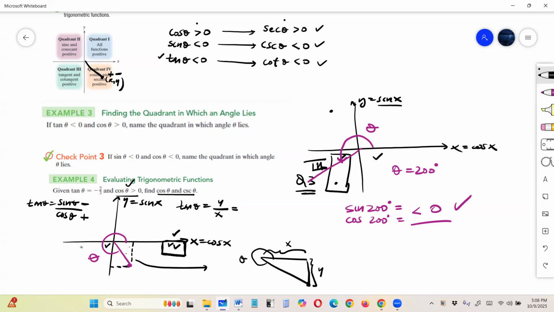So I have 2 and I have 3. All right, so just check that. Here is my x. Here is my y. Now, it's not that the segment is negative. The point is negative 2 comma 3.